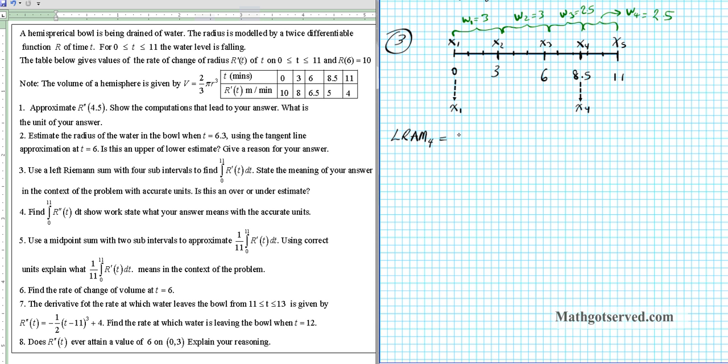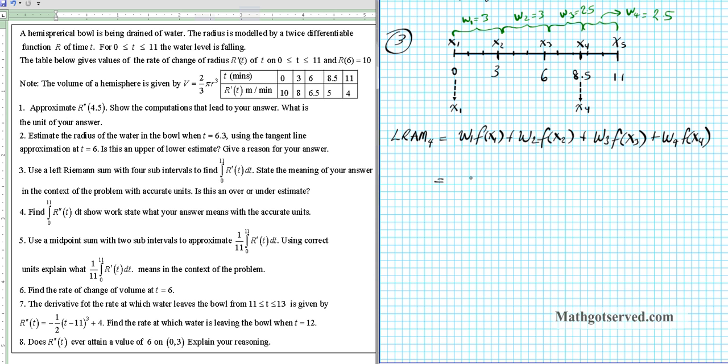The general formula used when the subintervals are uneven is simply w1 times f of x1 plus w2 times f of x2 plus w3 times f of x3 plus w4 times f of x4. Notice how we started from 1 all the way to 4 and we omitted 5 because we're using the left endpoint.